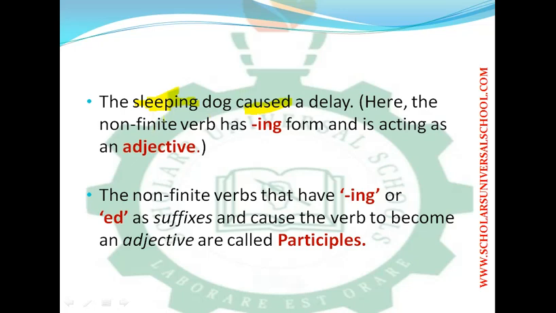Now "sleeping" is not our main verb here, and it is not functioning as a finite verb, because it is itself part of the subject, which is "the sleeping dog." Good. And it is acting as an adjective. The non-finite verbs that have -ing or -ed as suffixes and cause the verb to become an adjective are called participles.